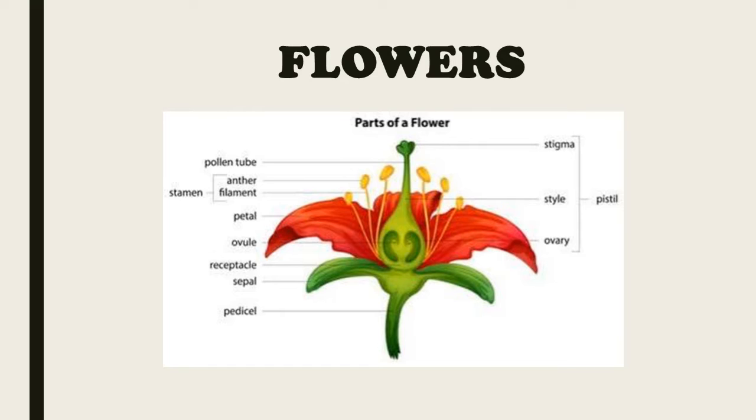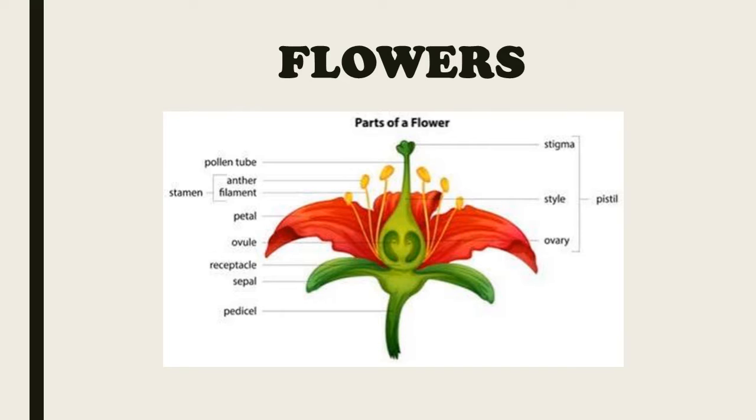Among these, sepals and petals are the vegetative parts of the flower. Stamen and pistil are the reproductive parts of the plant.